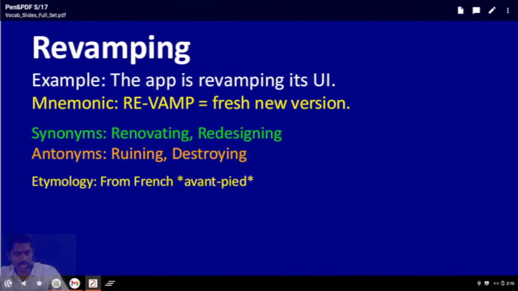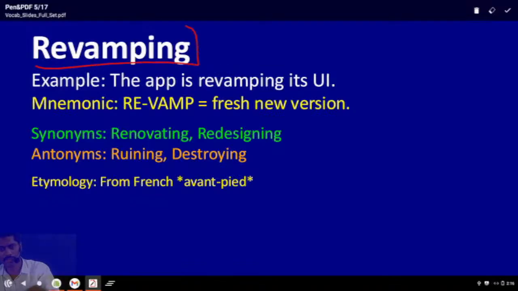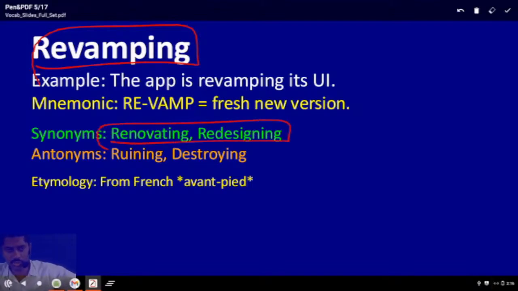Revamp is nothing but renovate, repair, redesign. The app is revamping its UI. UI means the opposite of AI? No. UI means user interface. The app is revamping its UI.